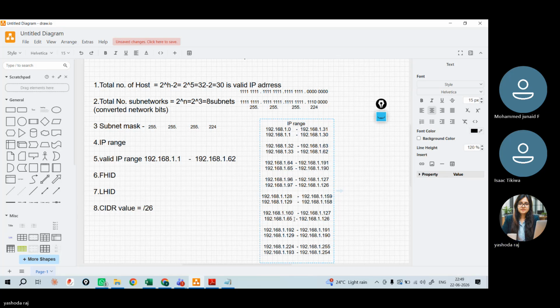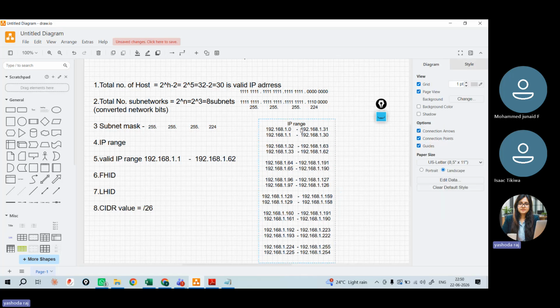This one 161 and 191, this one 190. 192 and 223, this one 193 and 222. This one 225 and this is 252.